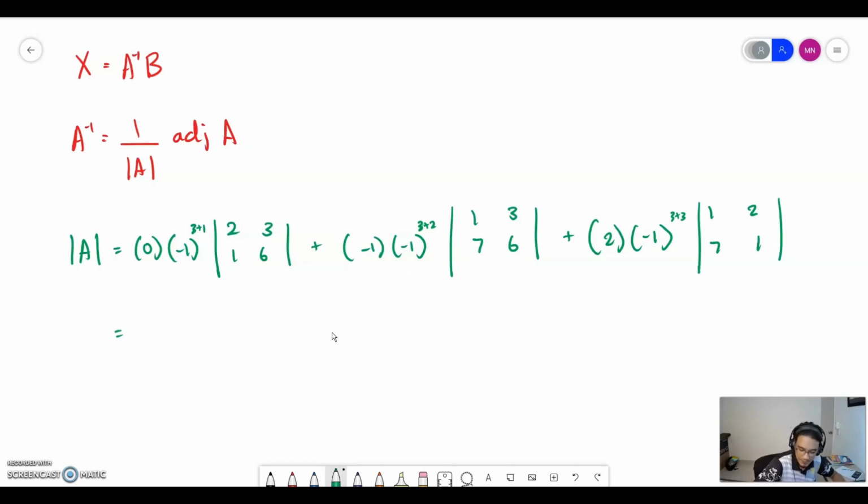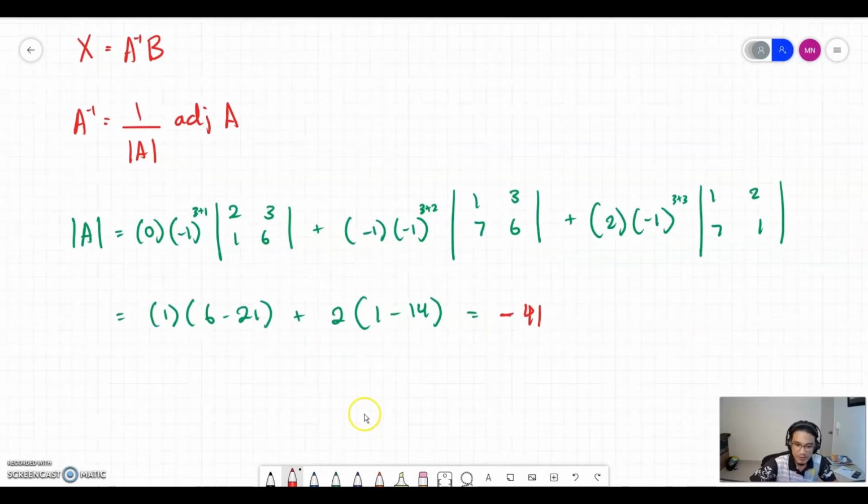From here we have 1 times 6 minus 21, plus 2 times 1 minus 14. So that will be -41 for the determinant of matrix A.